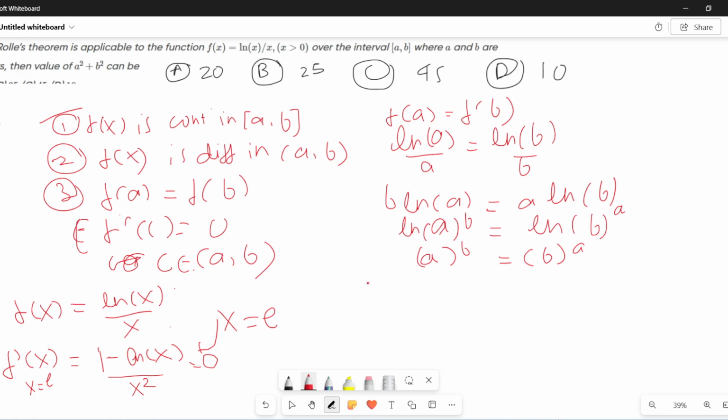Now we check by hit and trial method for the value of function f(a) = f(b).